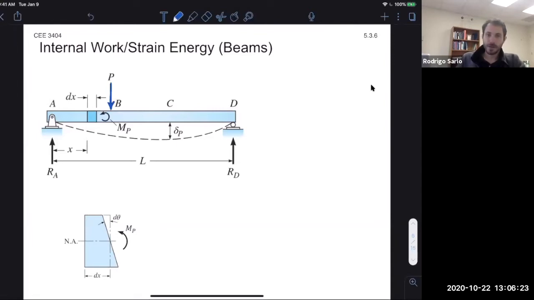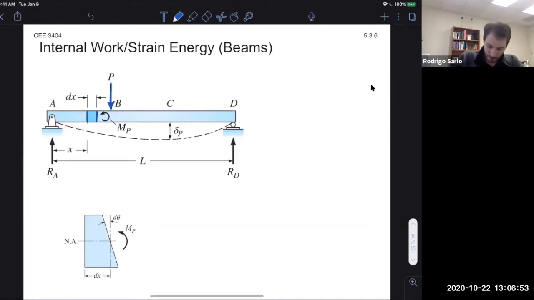So we need to find what the overall work is done by that force. The external work is done by the force. We need to find out what the strain energy is in the beam due to that deflection, right? How much is it deforming, and what work are those internal moments doing throughout the length of the beam? All right, and to do that, we need to consider an infinitesimal sliver of this beam, which we'll call dx, okay?